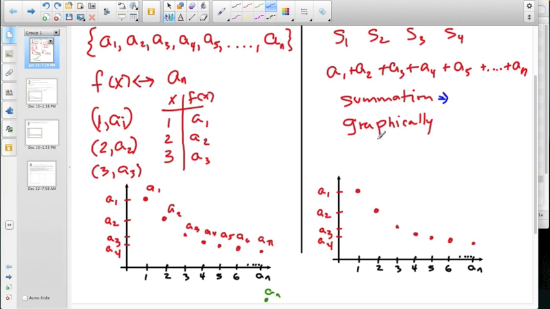And so for a graphical representation of that, we can look at a rectangle here.